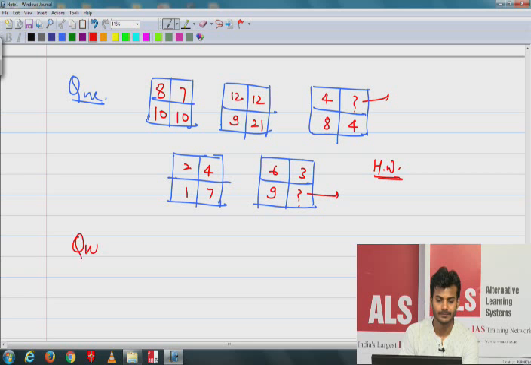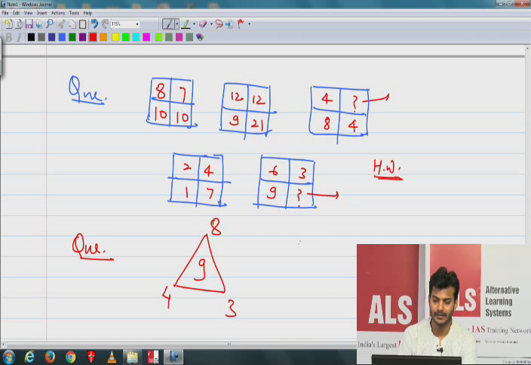Next is 8, 4, 3. Here we get 9. This is 2, 3, 5.